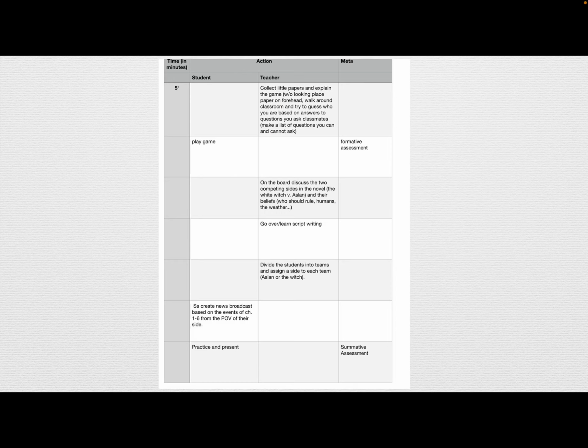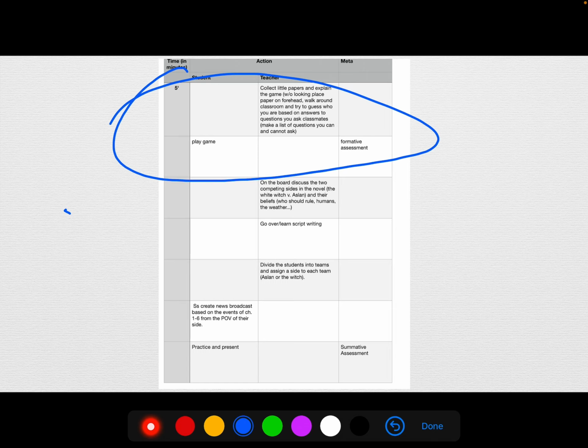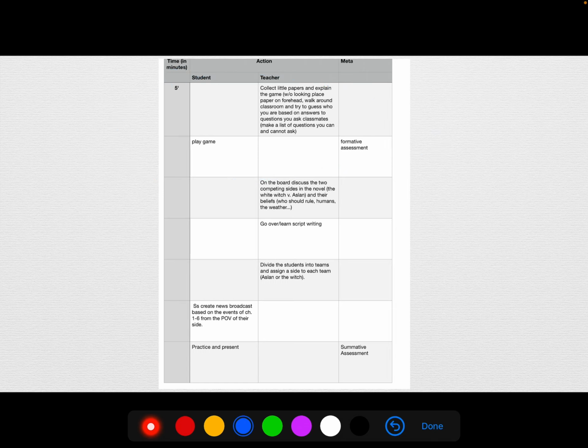So now we get to the part where we are doing this game and this formative assessment. My description here of the game is not great, so I'm going to talk about it now. This is a game where you have a piece of paper, and on that paper is written a name.